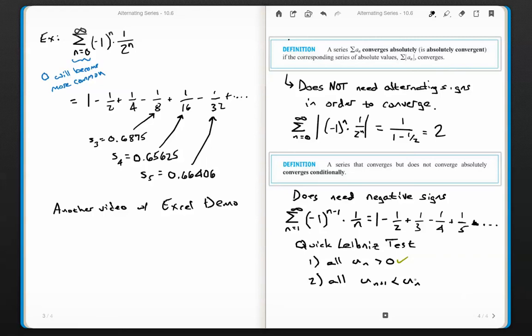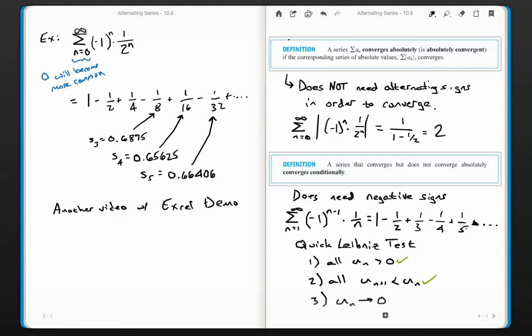So it's decreasing, or as the book likes to say, non-increasing. But I think decreasing makes more sense to a simple engineering mind like mine. And since you're all headed for engineering mostly, that's good. And 3 is that u sub n goes to 0.